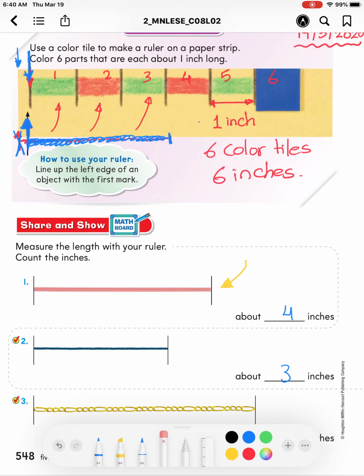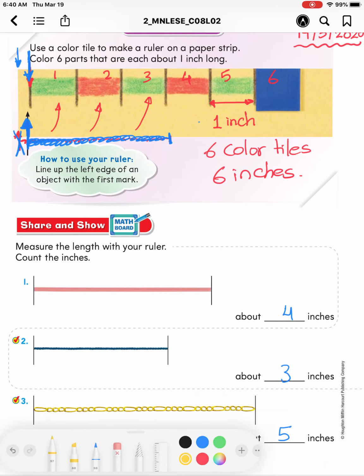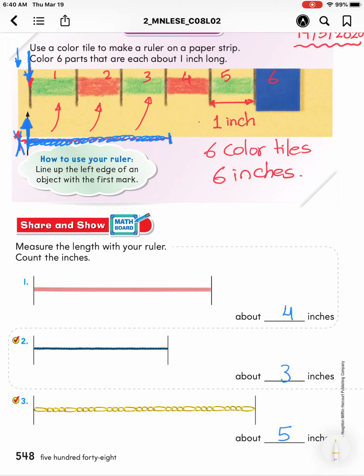Now, I need to ask you a question. Which object is the longest? Longest. We use the word longest when we are comparing 3 objects or more.